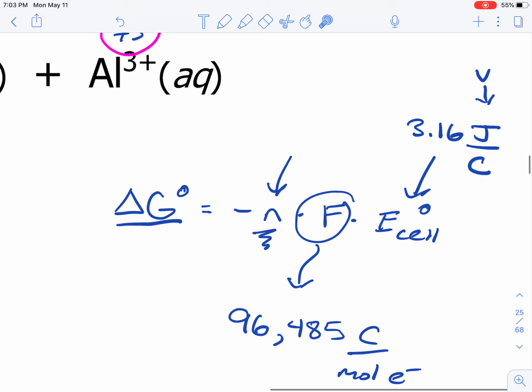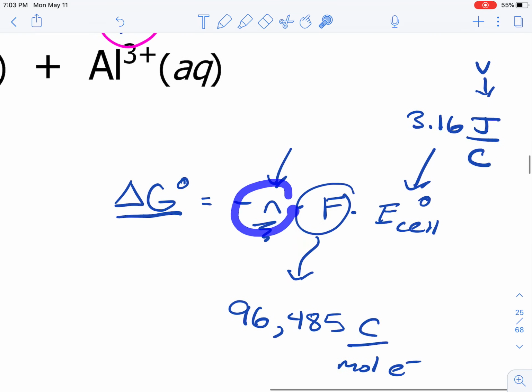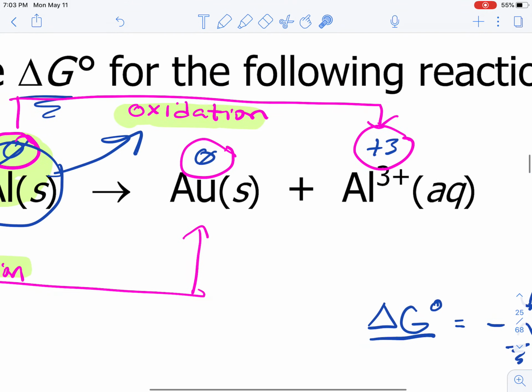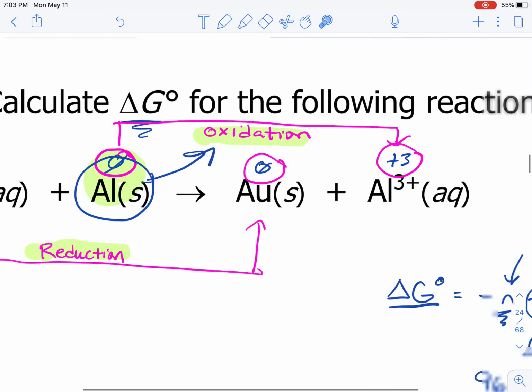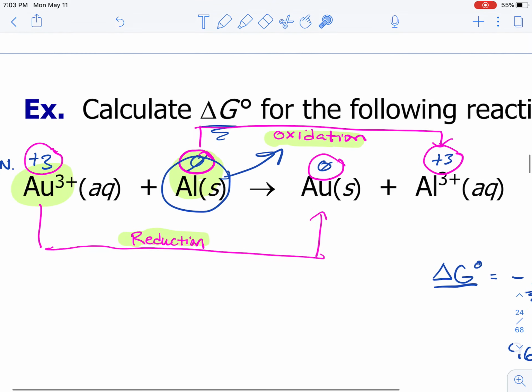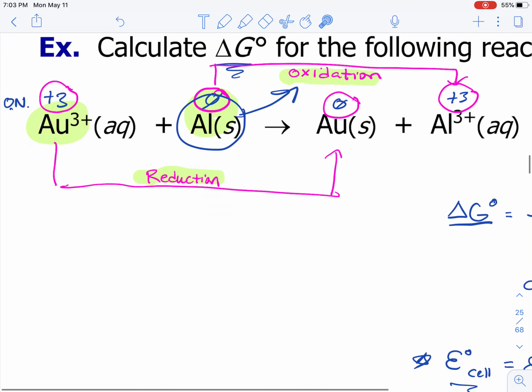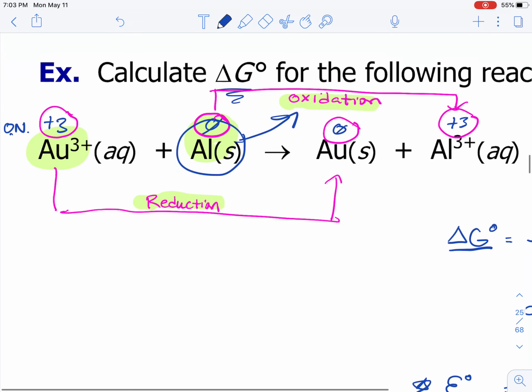And so the last thing that we need to figure out is the value for N. So N represents the number of moles of electrons that's being transferred. And so for this very simple chemical reaction, we can go ahead and figure out that the number of moles of electrons that's transferred was 3.